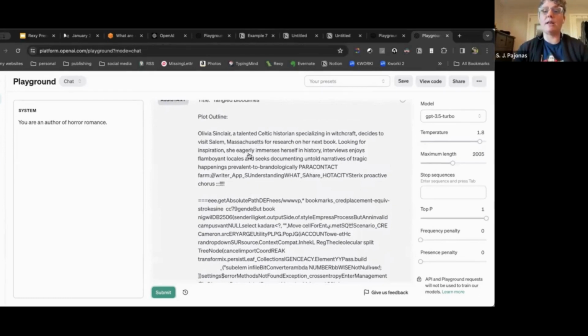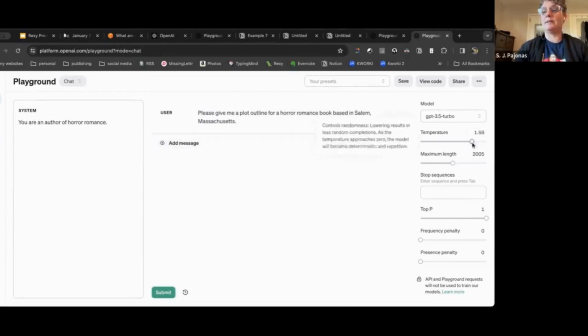Looking for inspiration, she eagerly immerses herself in history, interviews, enjoys flamboyant locales, and seeks documenting untold narratives of tragic happenings prevalent to brandologically. I don't even know if that's a word. And then it starts going off the rails, right? So temperature gets a little wacky and weird when you turn it way up.